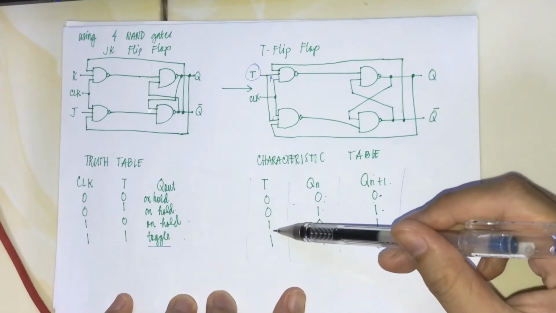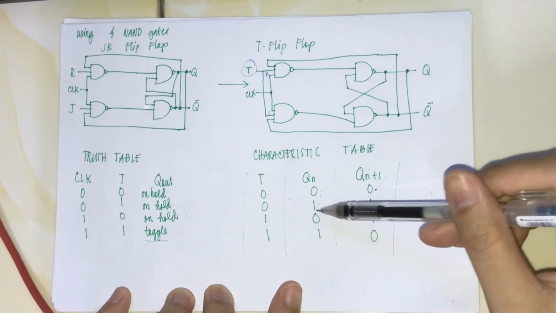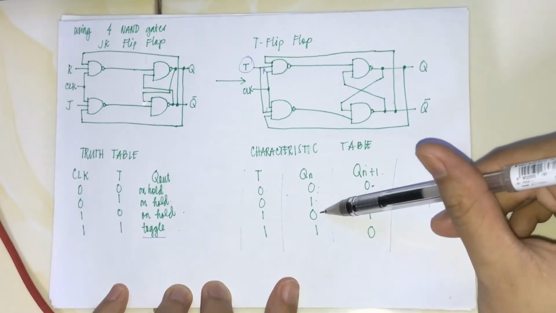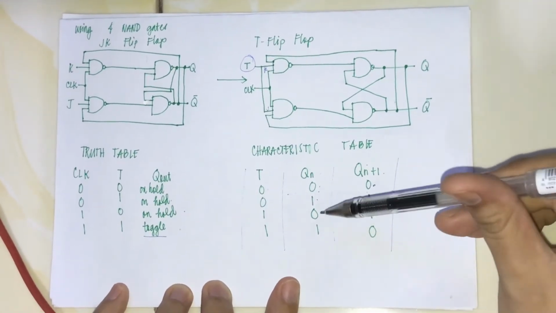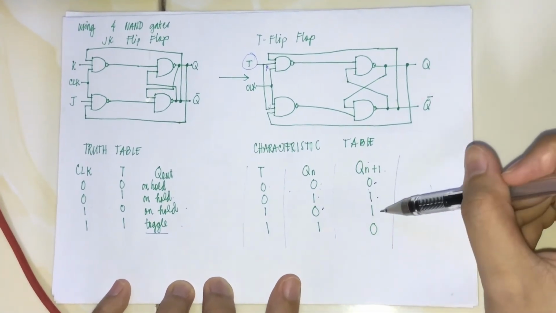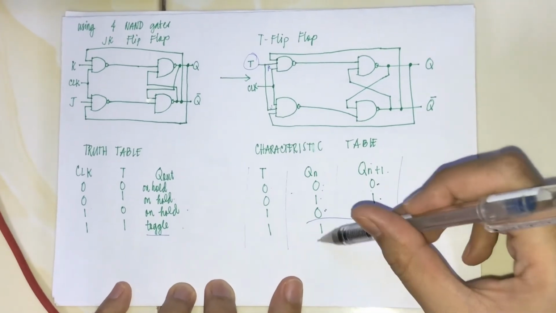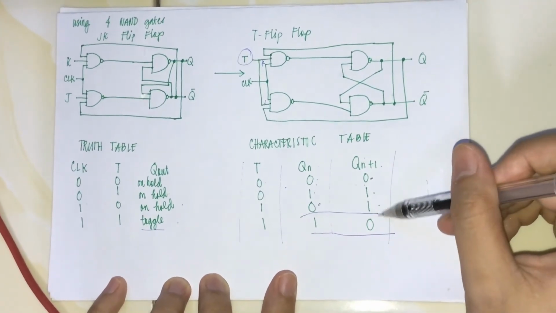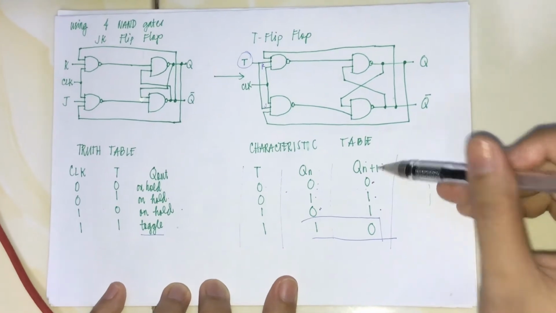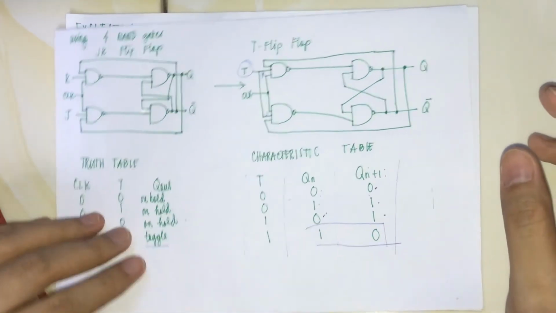And if the T value is 1 and the Qn or the present output is 0, the next output would be 1, which we can see here that Q next, or the next output, is just the complement of the present output.